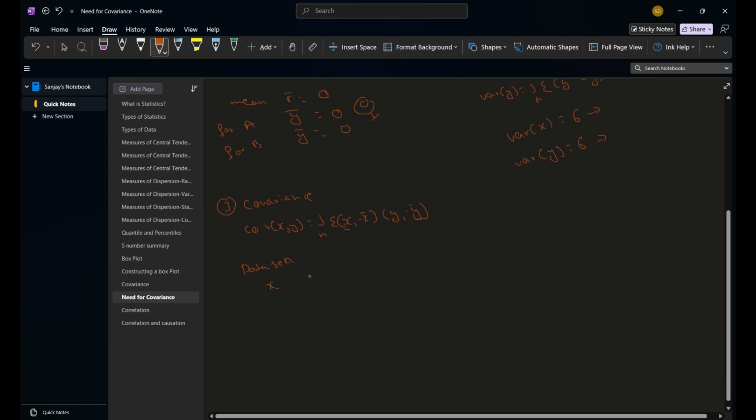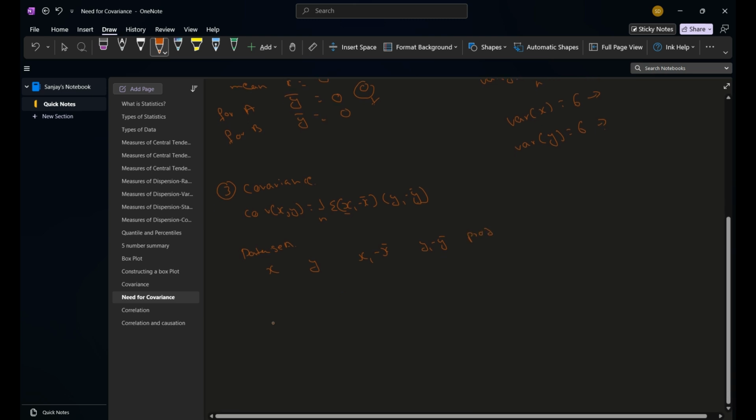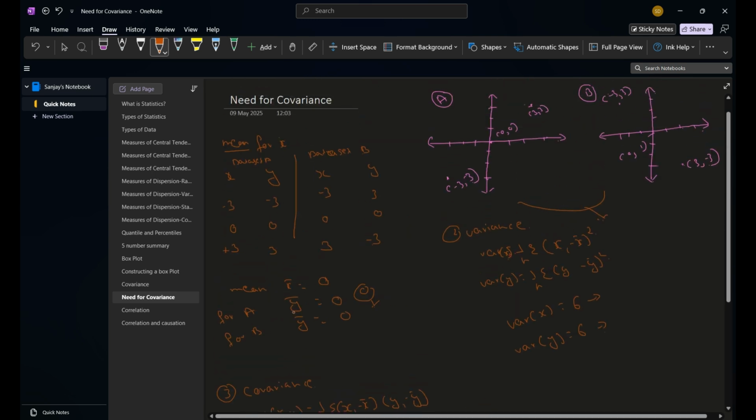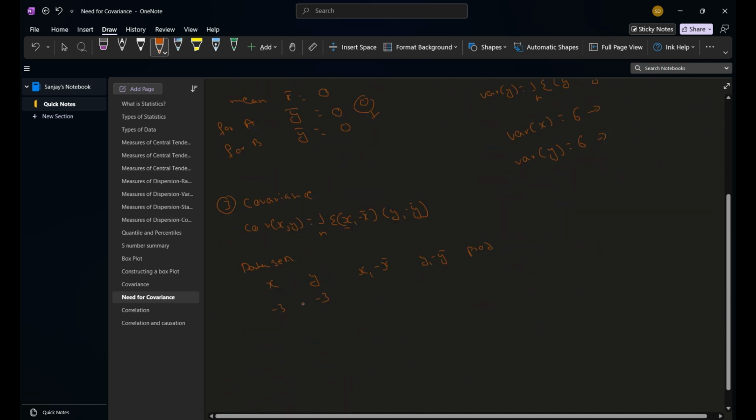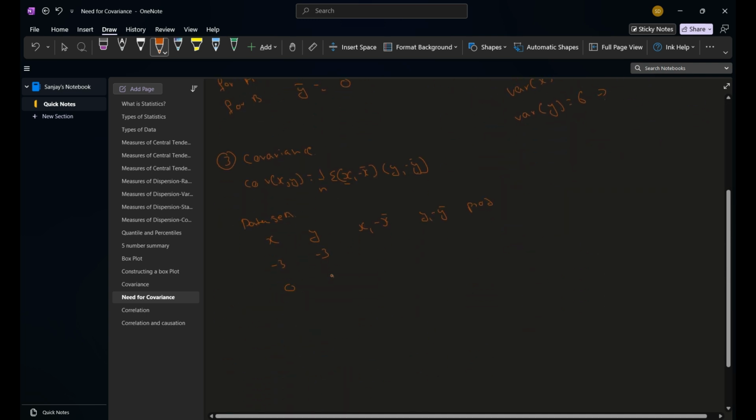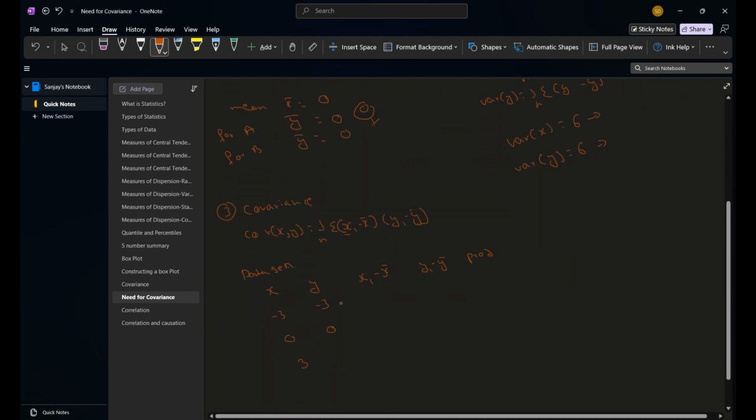Let me write x, y, and xi minus x bar, then yi minus y bar, and then the product, because we need the product. So it's minus 3, here also it's minus 3, and then 0, 0, 3, 3.